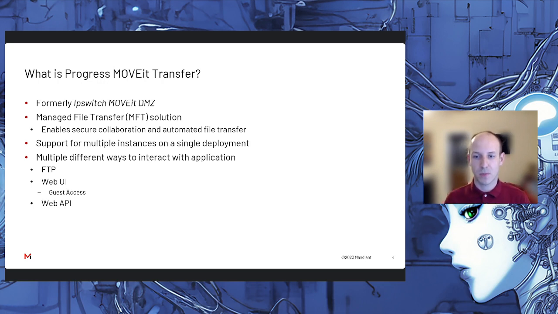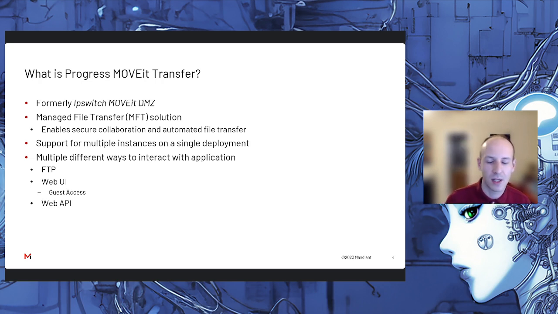That way you can set it up on-prem and you have full control over what happens, how it happens in that application. These managed file transfer solutions tout secure collaboration and automated file transfer.